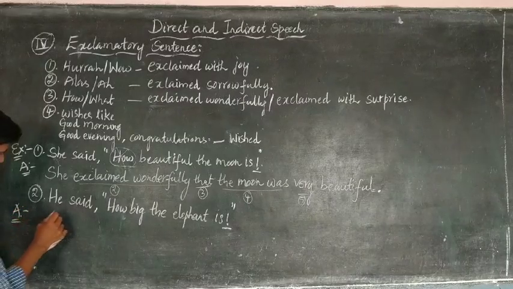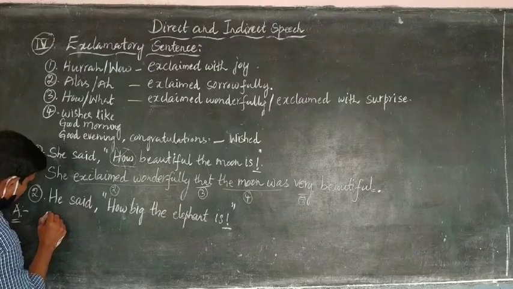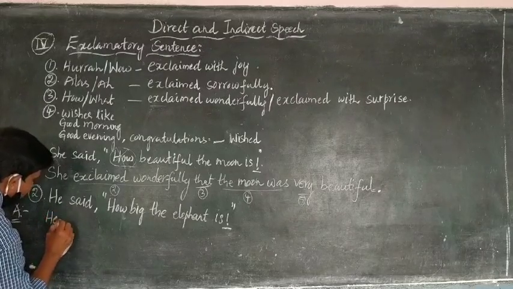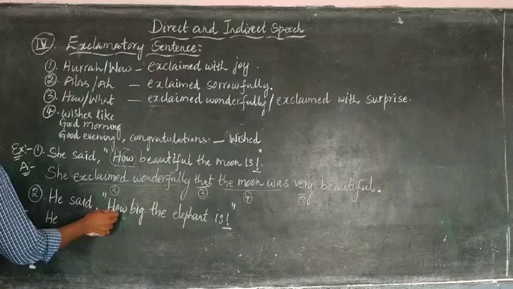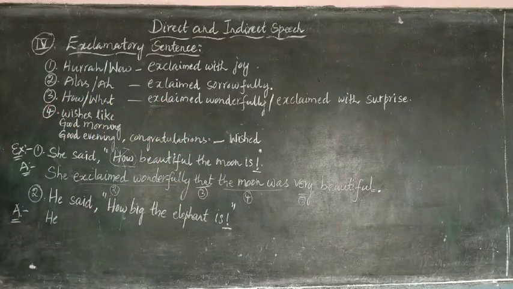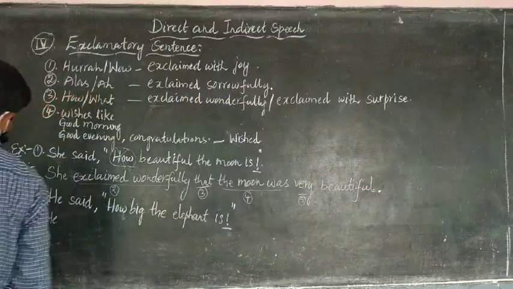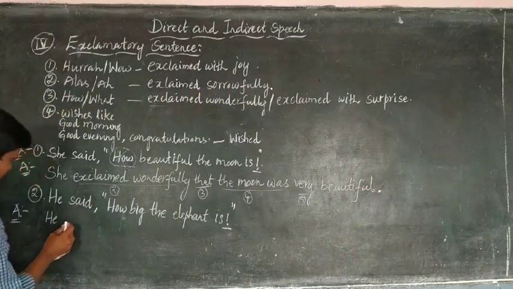What is the first step? First step, we know we have no. Second step, we have to change the reporting verb. As we have seen, how or what, we have to write exclaimed wonderfully or exclaimed with surprise also you can write.